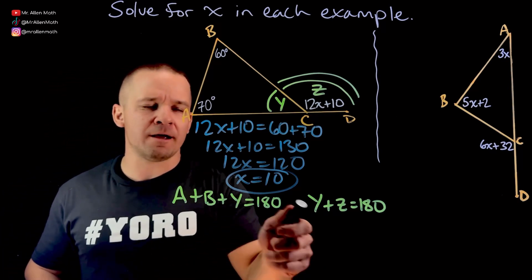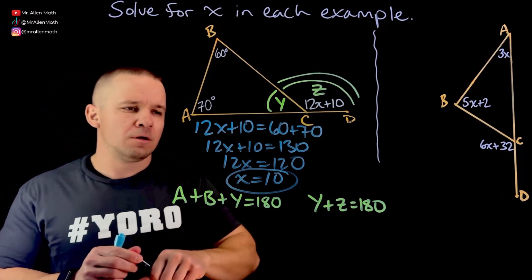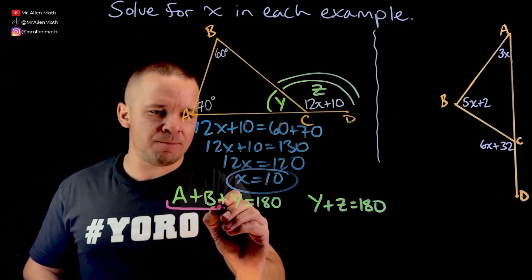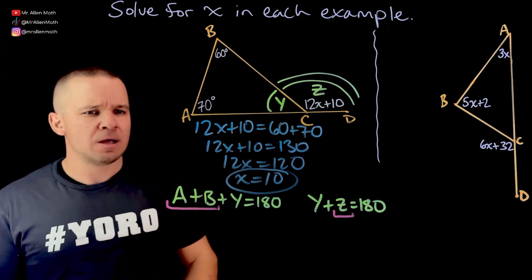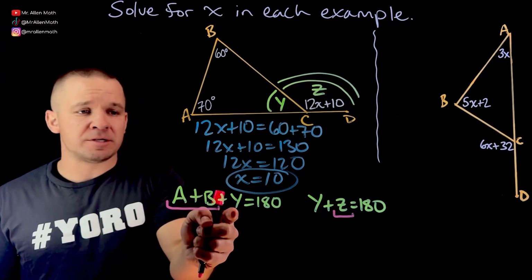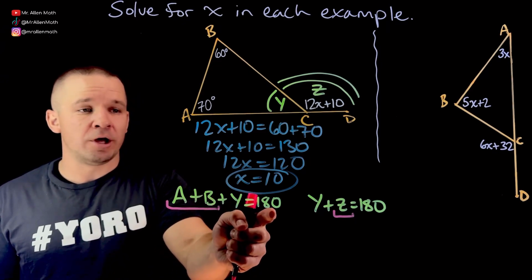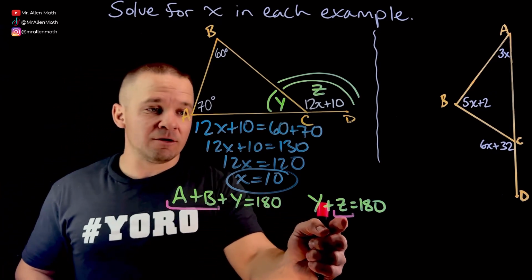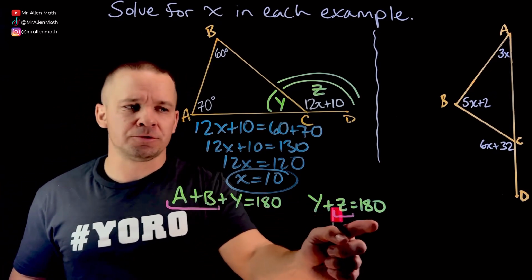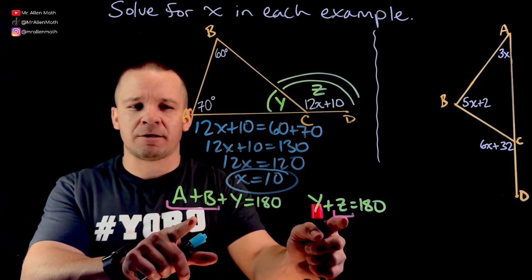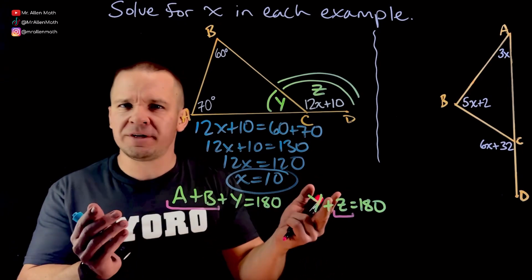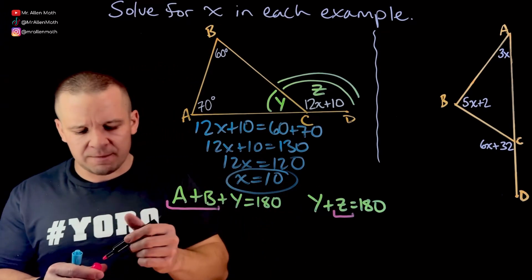I've got this Y in both of them, right? But the difference here is that A and B and Z. These two angles plus Y equal 180. This angle plus Y is equal to 180. Would it be logical to say that these two things have to be equal to each other to make both these statements true?